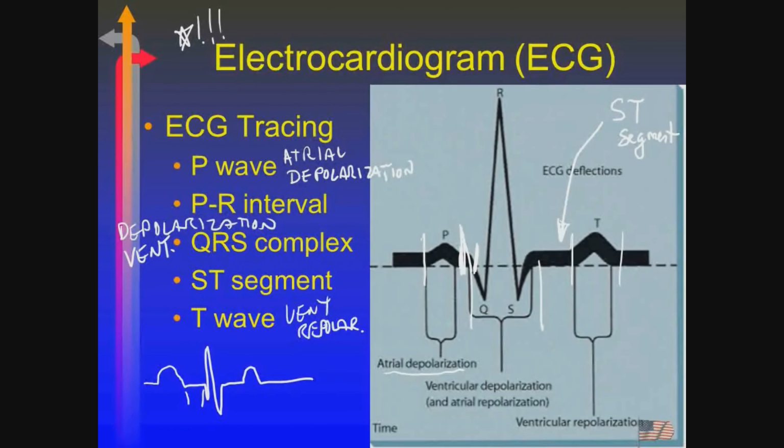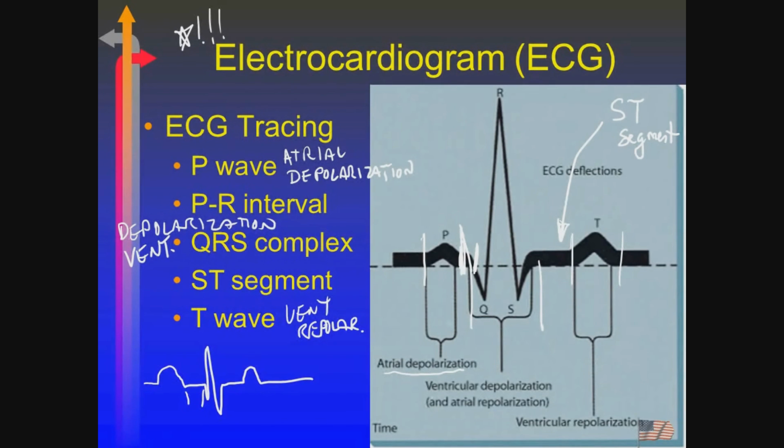P, atrial depolarization. QRS, ventricular depolarization. T wave, ventricular repolarization. Which one didn't I mention? Atrial repolarization. Right? Where's that? Trapped in the QRS. Can't see it.